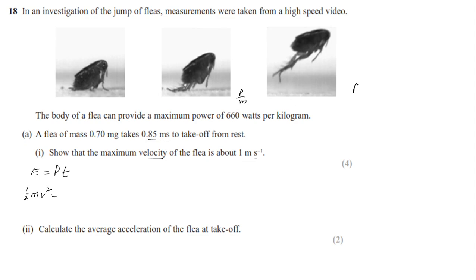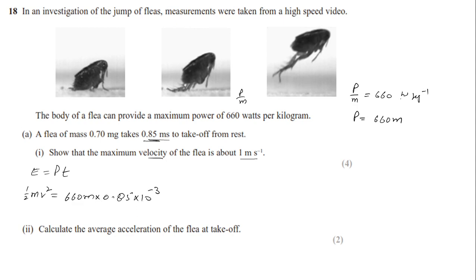Basically P upon M is equal to 660 watt per kg, so P is equal to 660 M. So power is replaced by 660 M into t, and time is 0.85 millisecond, 10 to the power minus 3.